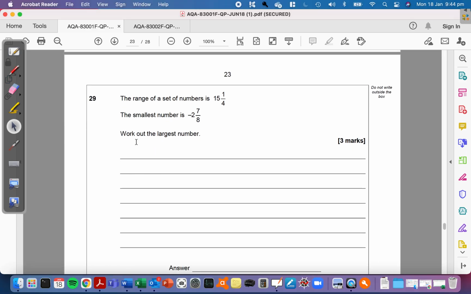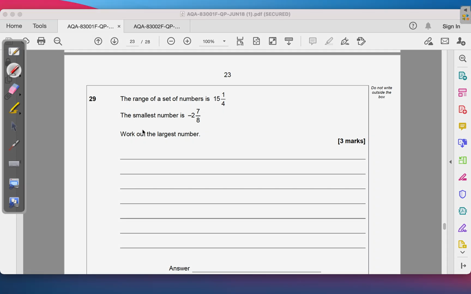Next question. Okay, the range of a set of numbers is 15 and a quarter. The smallest number is minus 2 and 7/8. Work out the largest number. Okay, now the range, what that actually means, the range is equal to the largest number take away the smallest number.